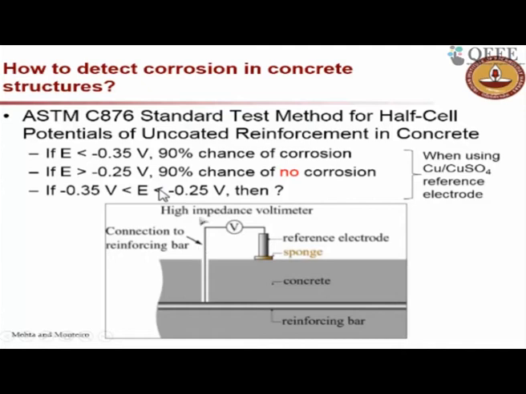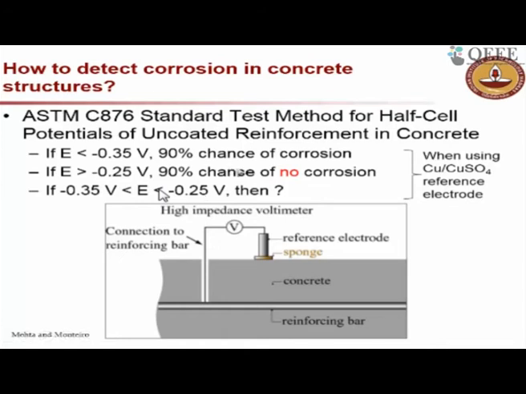If the potential you measure is greater than minus 250 millivolts, or 0.25 volt, then you have only a 10% chance of corrosion, or 90% chance of no corrosion. And if it is in between these two, then you have to decide based on engineering judgment. So this is one way of detecting whether severe corrosion is ongoing or not.